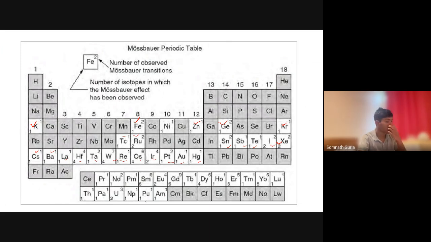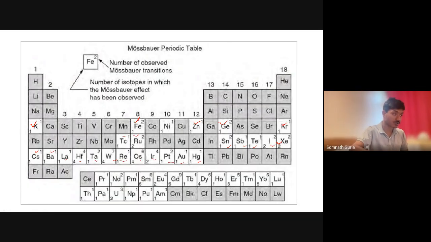All those are active in Mossbauer spectroscopy. But some of them we are not actually going to measure because of the unavailability of similar isotopes and a similar kind of energy source; we don't have that, so we cannot measure their Mossbauer spectra.